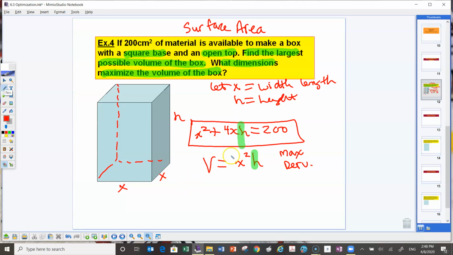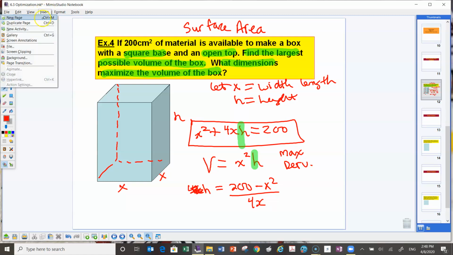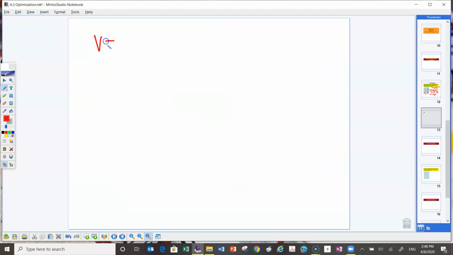So if I do that, I'm going to subtract the x squared to the other side, so I get 4xh is 200 minus x squared, and then I'm going to divide both sides by 4x, and h is going to be (200 minus x squared) over 4x. The next step, I'm going to substitute that in place of h here. So my volume now is going to equal x squared, and in place of h, I'm putting in (200 minus x squared) over 4x.